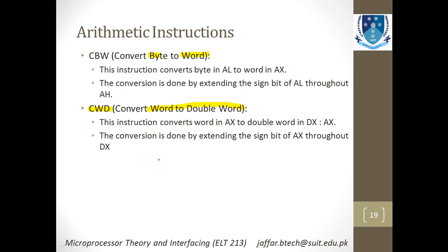Let's say I have data of 0 1, and I just want to double the size of the data. I can easily do that using dummy bits over here. Now the size of the data becomes double. If I want to double the size of this data again, I will easily do this.